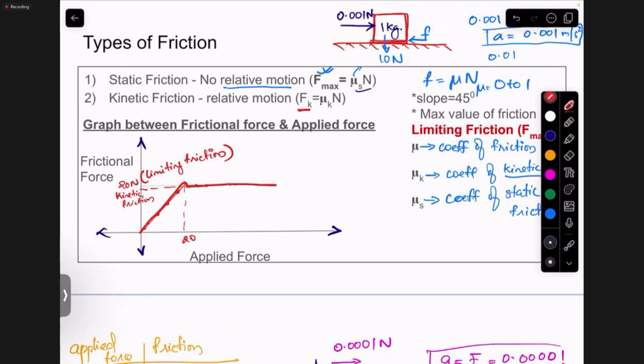Static friction is something where, whatever I am applying, only that much will be given back by the static friction, right?